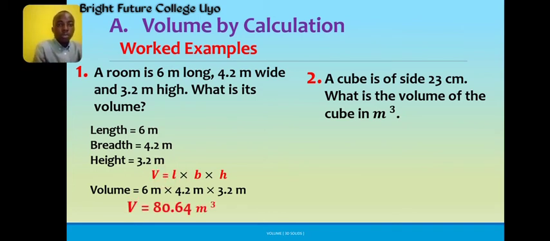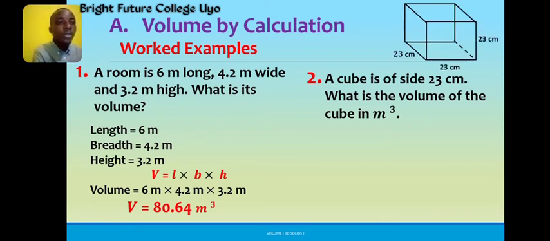You have your volume to be 80.64 meter cube. Meter times meter times meter. This is multiplication. Meters times meters times meters will give you meter cube, not just meter. Okay, so that's how we calculate the volume for the first question.